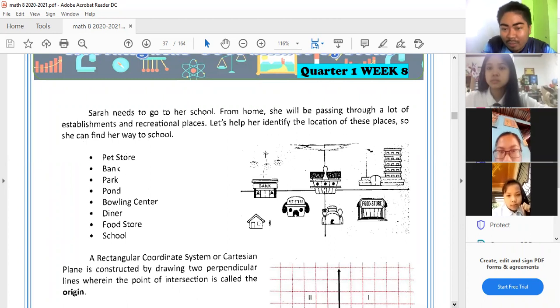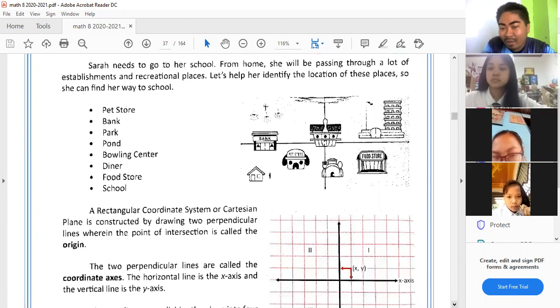We have a pet store, bank, pond, park, bowling center, the diner, food store, and school. Nasaan siya ngayon?